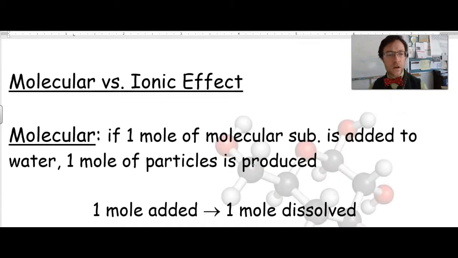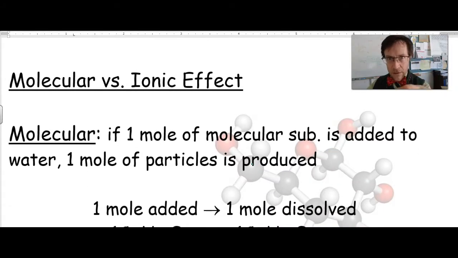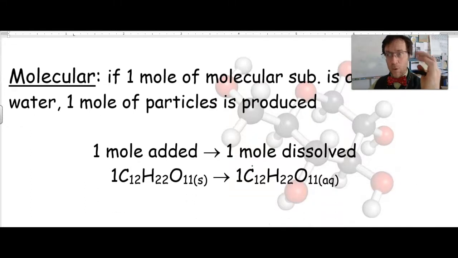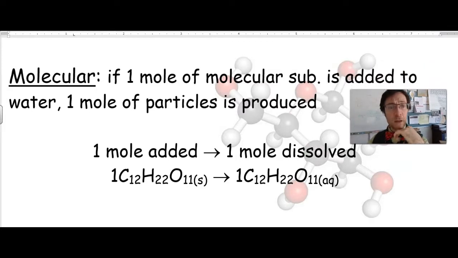All right, so there's a bit of a thing here, because not all solutes act the same or are as good at being colligative. So here's the thing, molecular things. Anytime you see the word molecular, it instantly means covalently bonded.